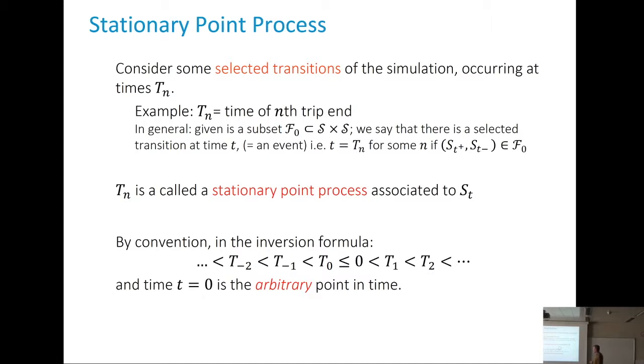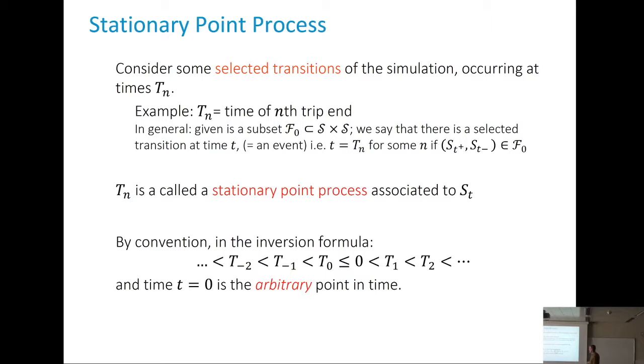In this setting, very often what is done in the context of network calculus, of a Palm calculus paper, is to call t equals 0 the arbitrary point in time. So we say I have a simulation that is in stationary regime. I call t equals 0 the time now, and since any time is as good as any other, I consider this as the arbitrary point in time.